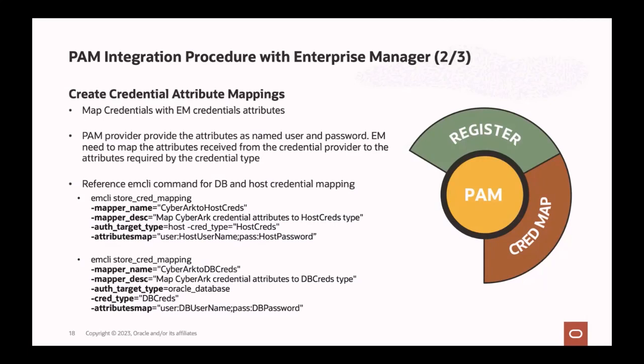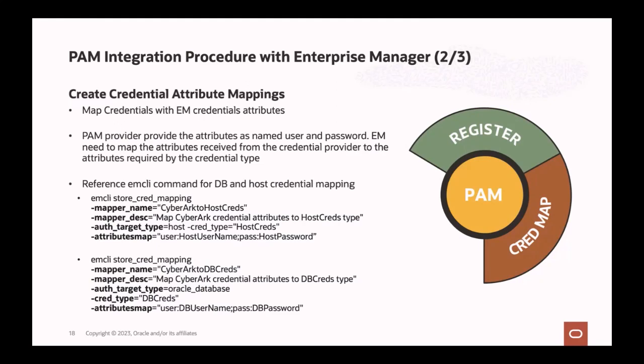To ensure that EM correctly interprets and processes the script output, we may need to map the attributes received from the credential provider to the attributes required by the credential type. So Enterprise Manager understands and processes the script output to map to the credential framework object.